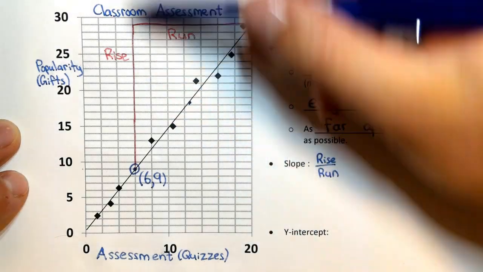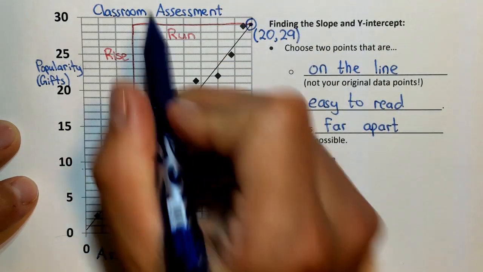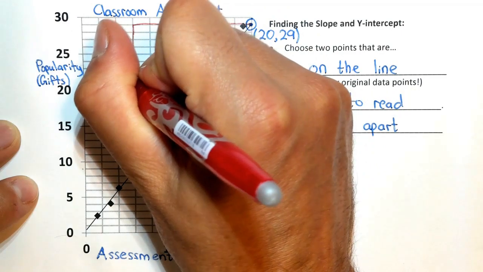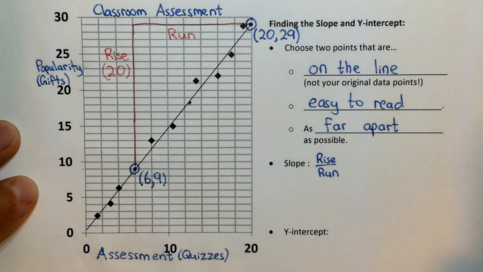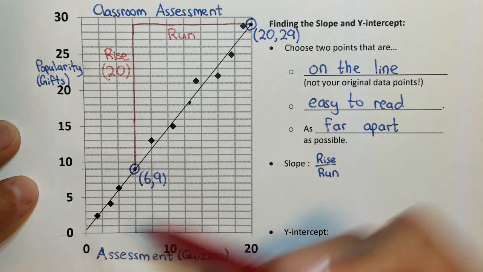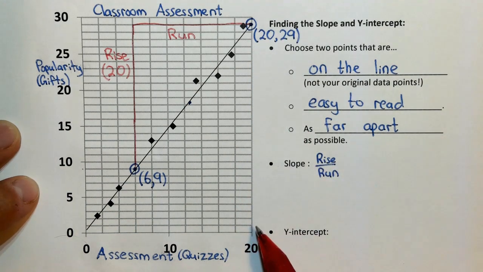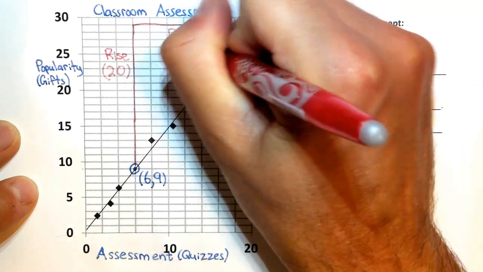So in my rise, I'm going from a height of 9 to a height of 29. So my rise is 20. On my run, I'm going from this point at 6 all the way over to this point at 20. So to go from 6 to 20 means my run is 14.